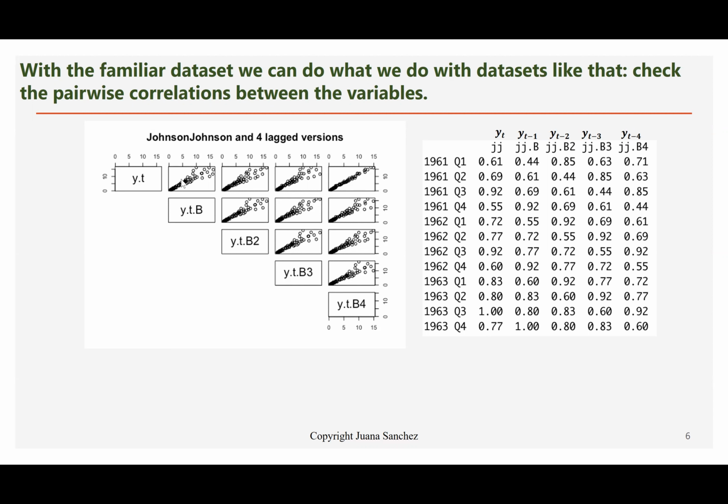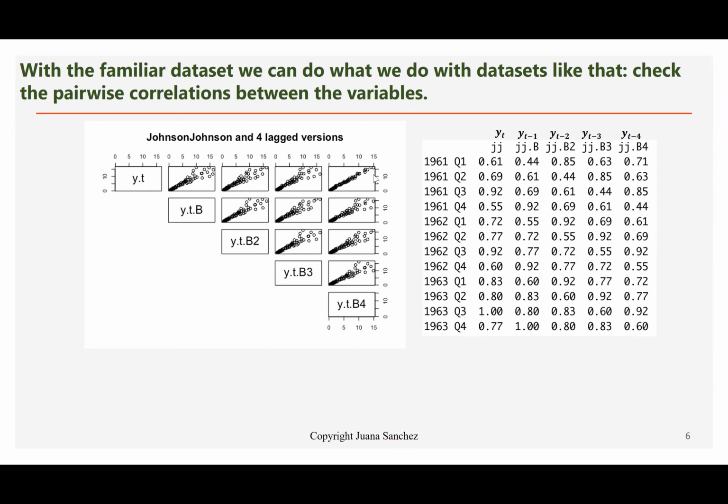The correlation between the Johnson-Johnson time series and the Johnson-Johnson lagged 2 quarters is this other plot here, the second plot on the top. The correlation between the time series and the lagged version of itself at lag 3, applying the backshift operator B to the 3rd power, is given by this 3rd plot.